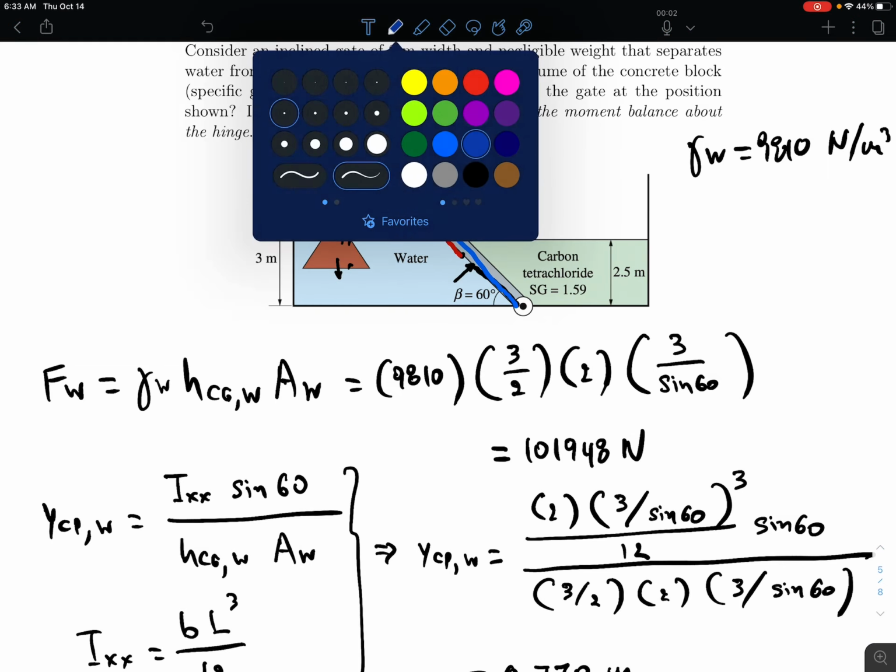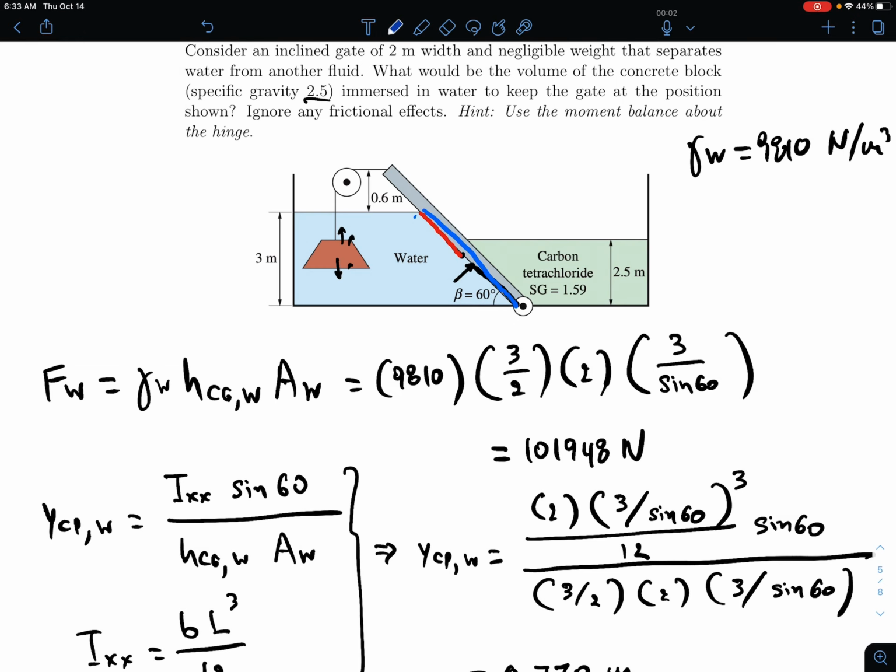So let's go first of all to the blue part. So the blue part, we know it is 3 over sine 60. The red part is half of that, so 3 over 2 sine 60.